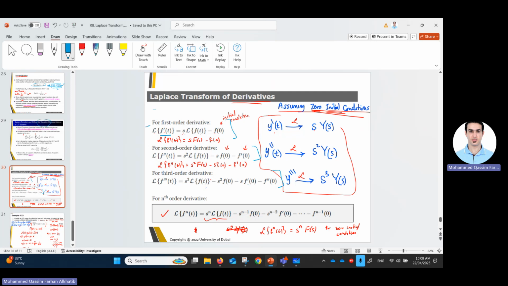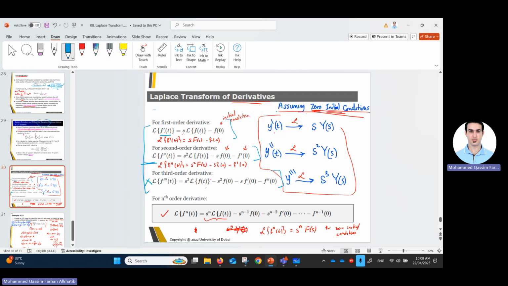And I think we will not need this, or mostly we will be focused on the second derivative. So during the exam, expect something like the second derivative, and you'll be given the values of the initial value conditions. So for example here, y prime of t will lead to s Y(s).